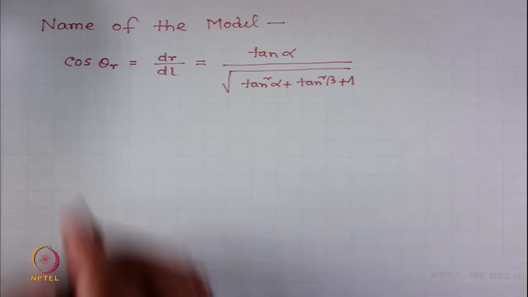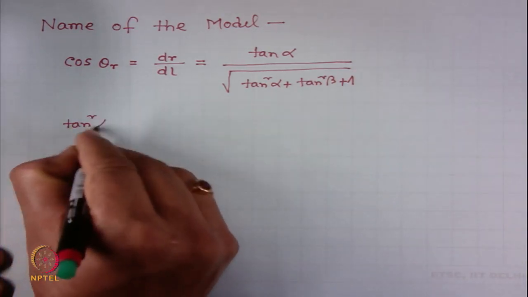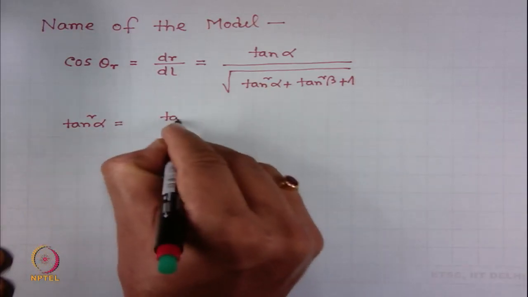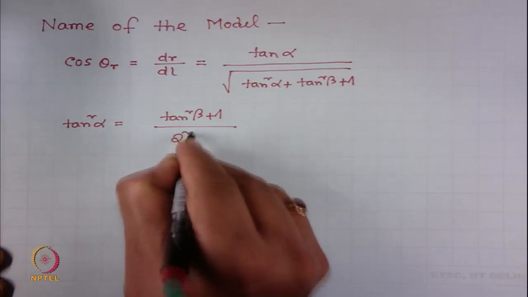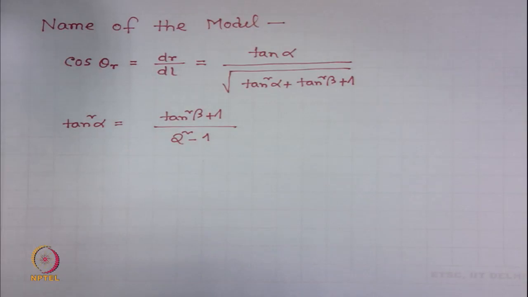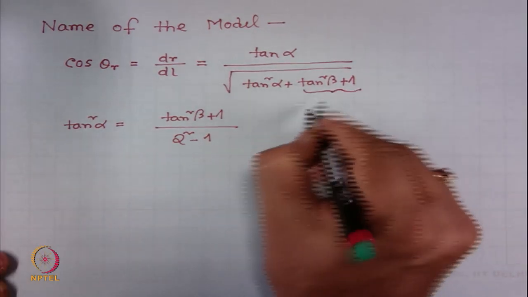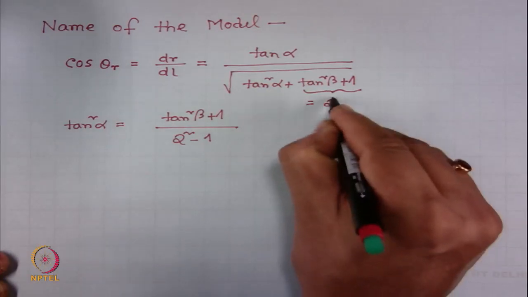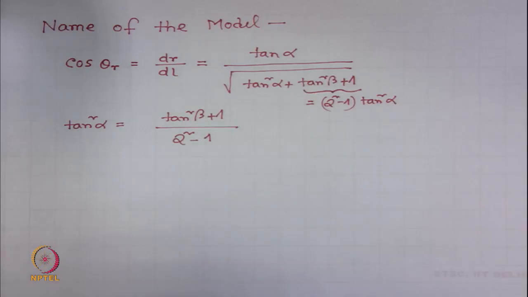Now, what does this model give? This model gives us tan square alpha is equal to tan square beta plus 1 divided by q square minus 1.